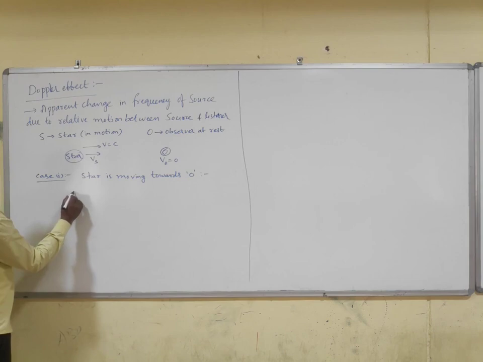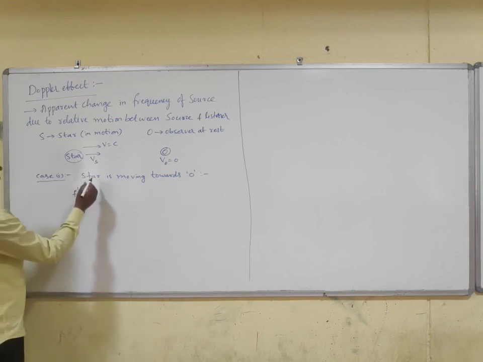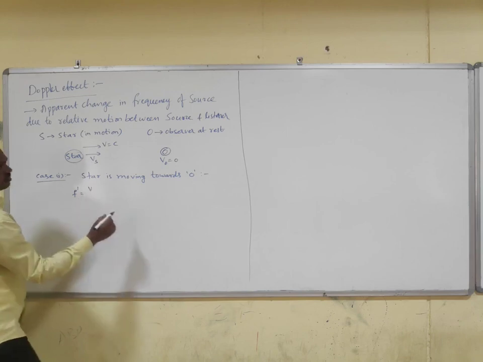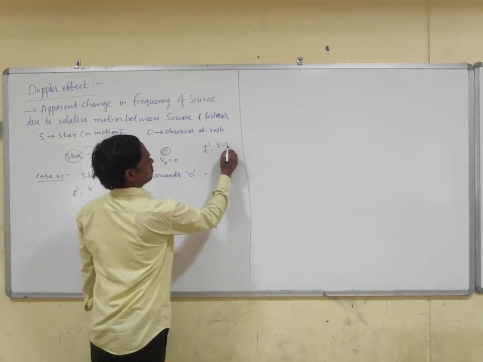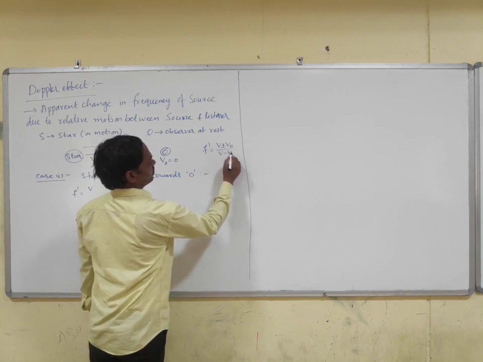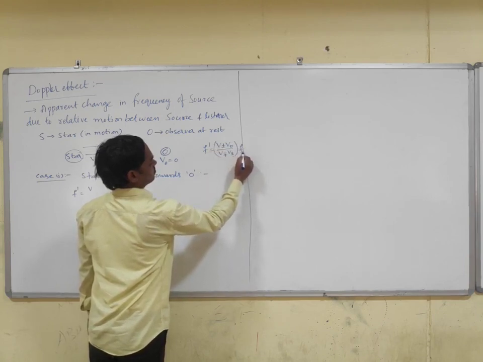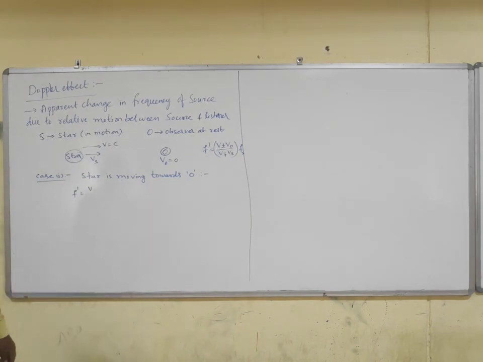Apparent change in frequency f prime is equal to V plus or minus Vo by V minus or plus Vs into Fs.